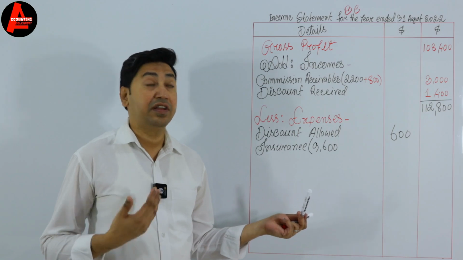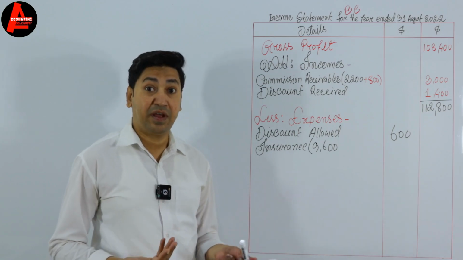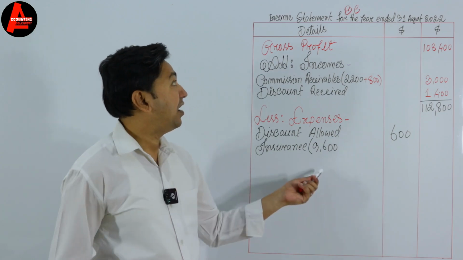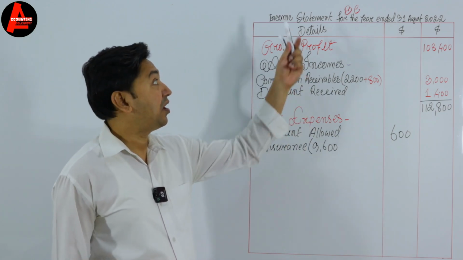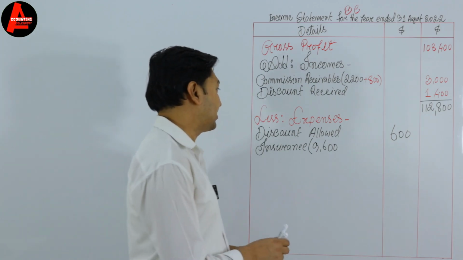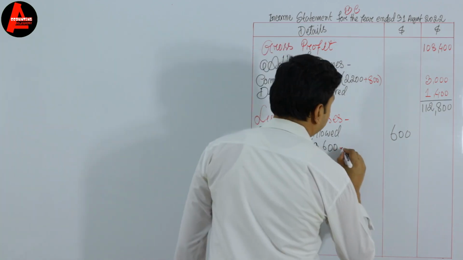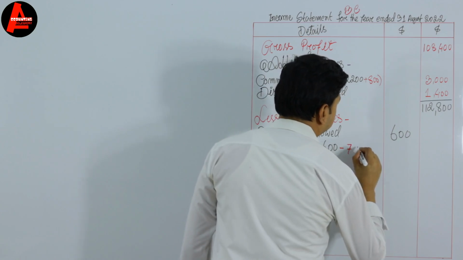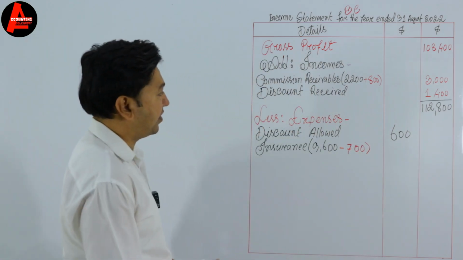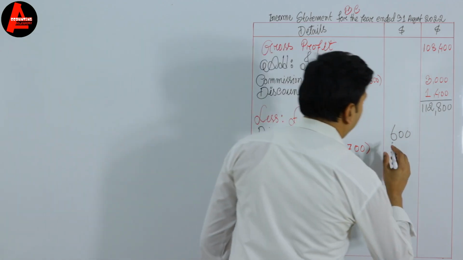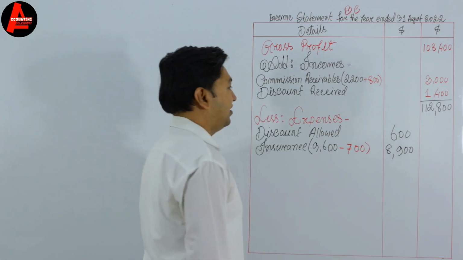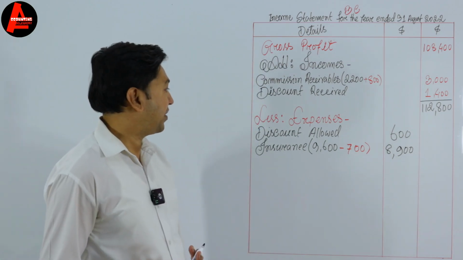It is the owner's personal expense, so it will be subtracted from here and added to the owner's personal account. So we minus $700, and after subtraction we get $8,900. This is our insurance expense.